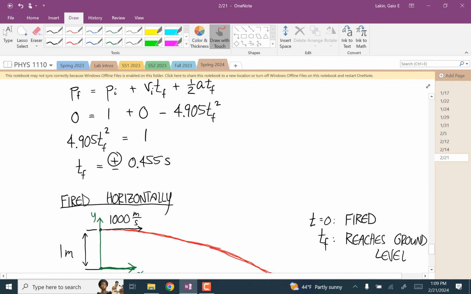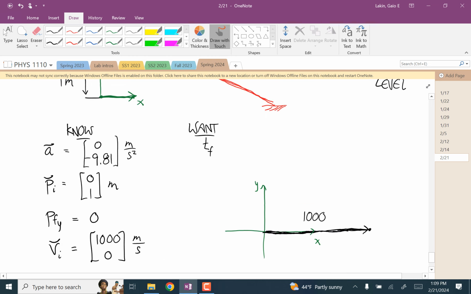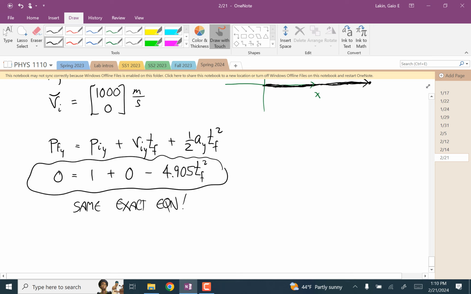And now you can see that even though this was a 2D problem and the first was a 1D problem, we got the exact same equation that we did before. And so obviously the solution is going to be the same. And so time final is going to be positive 0.455 seconds.